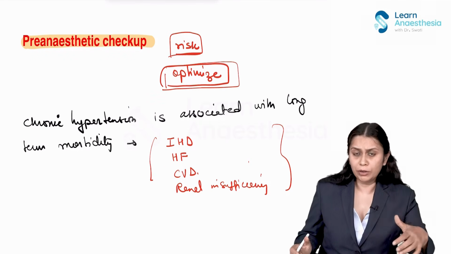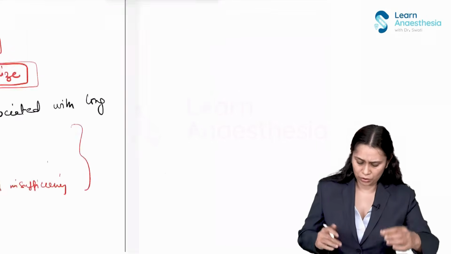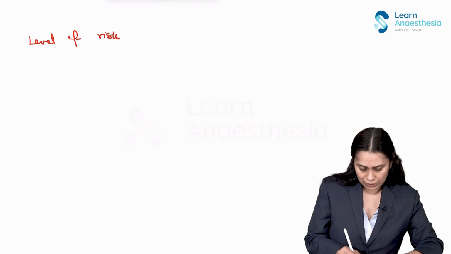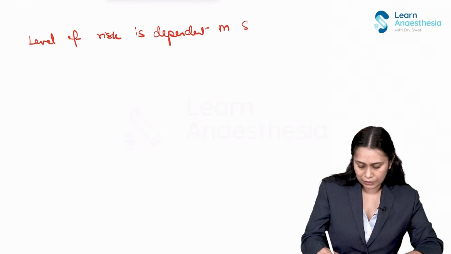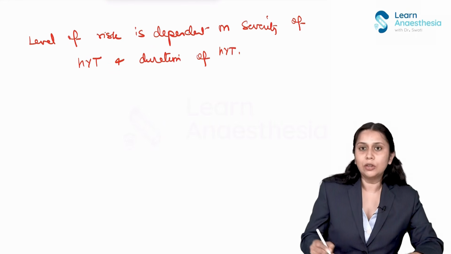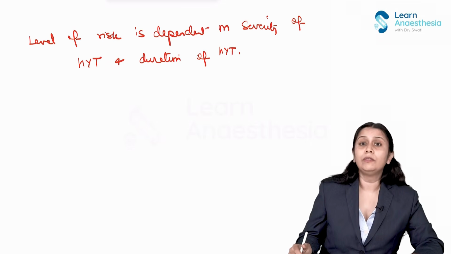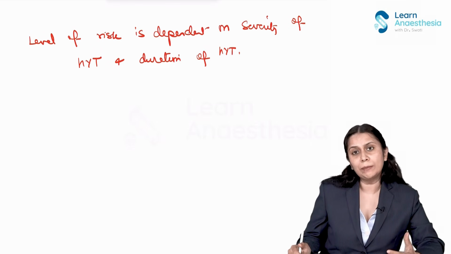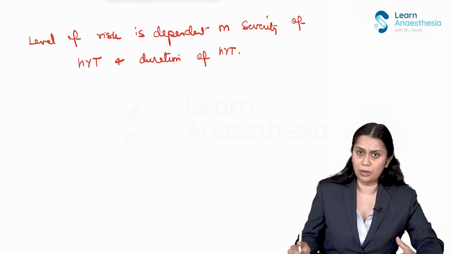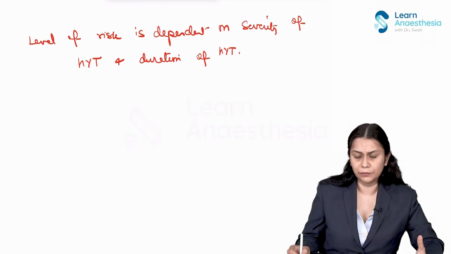So the level of risk is dependent on severity of hypertension and duration of hypertension, right? So we need to take the history of both. We need to see for how long the hypertension has been present in these patients and which stage the hypertension comes in, severity and duration.